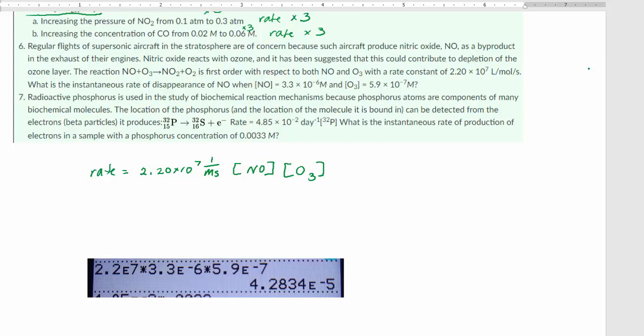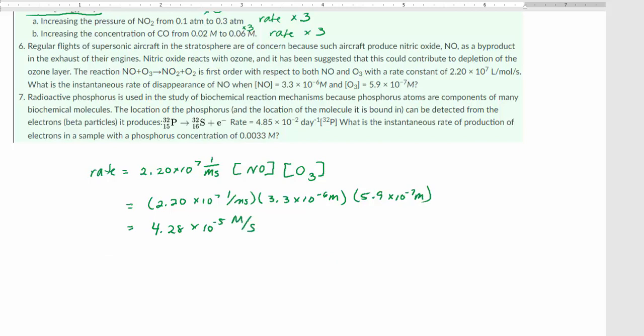What's the instantaneous rate of disappearance of NO when NO equals this value and ozone equals this value? Well, we plug in the numbers that we are given. And we get in the calculator a rate that is equal to 4.28 times 10 to the negative 5, and that is molarity per second.